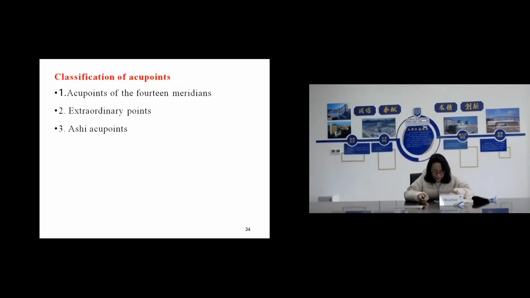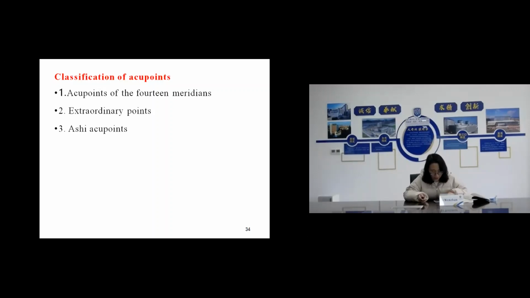The acupoints can be divided into 3 parts. The first one is the acupoints of the 14 meridians. As we know, the 12 regular meridians and, of the 8 extra meridians, the 督 meridian and 任 meridian have acupoints. So the points of those 14 meridians are the 14 meridian acupoints.